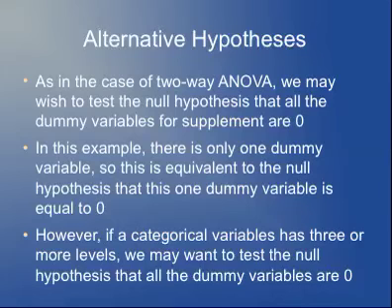And you may be interested in other null hypotheses besides the simple one of are all the coefficients equal to 0. You may want to test the null hypothesis that the dummy variables for supplement are equal to 0, or it would probably be all the dummy variables simultaneously.